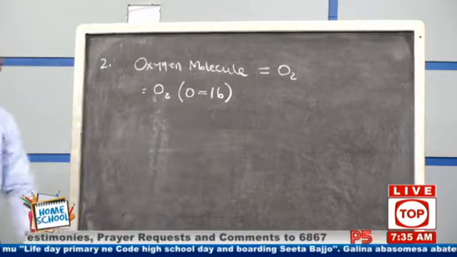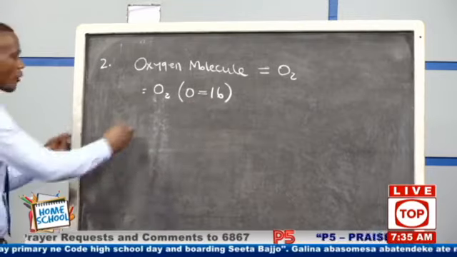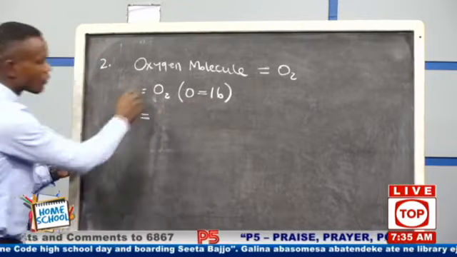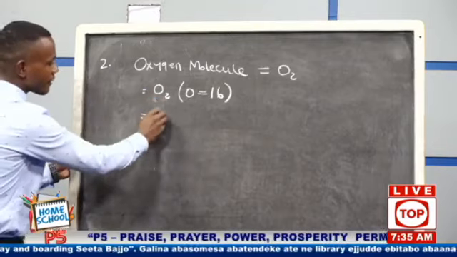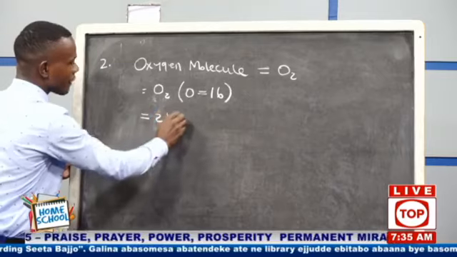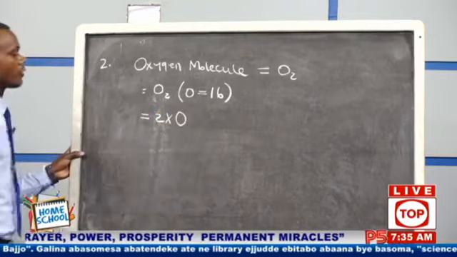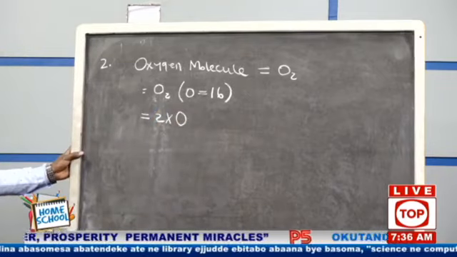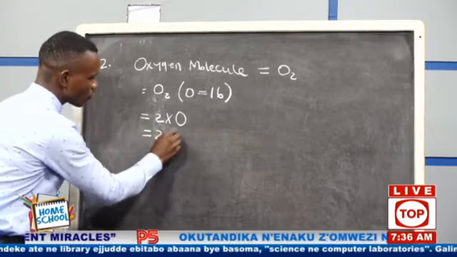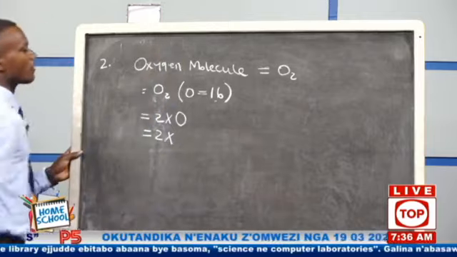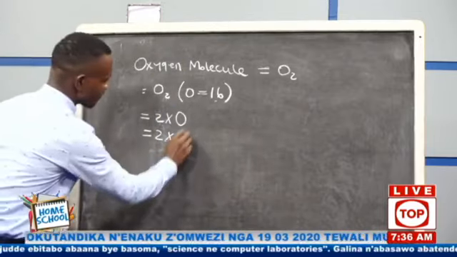Pick there 16. After putting it there, you ask how many atoms of oxygen there are. This number represents the number of atoms. It is 2 times the oxygen atoms. After writing that, what next? You go to 2 times the oxygen, which is 16.